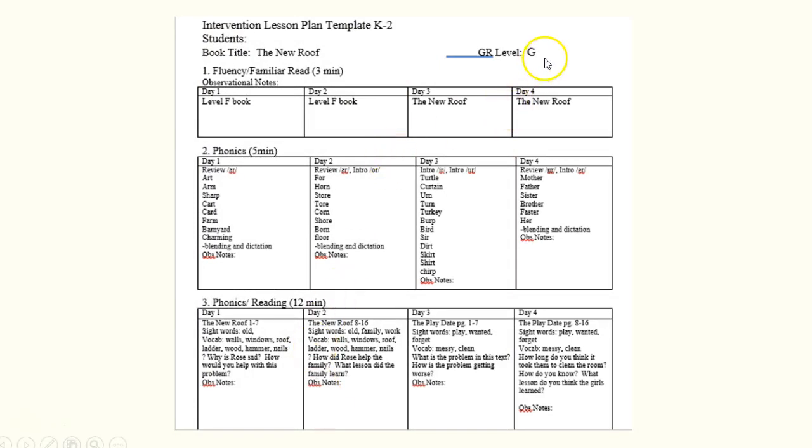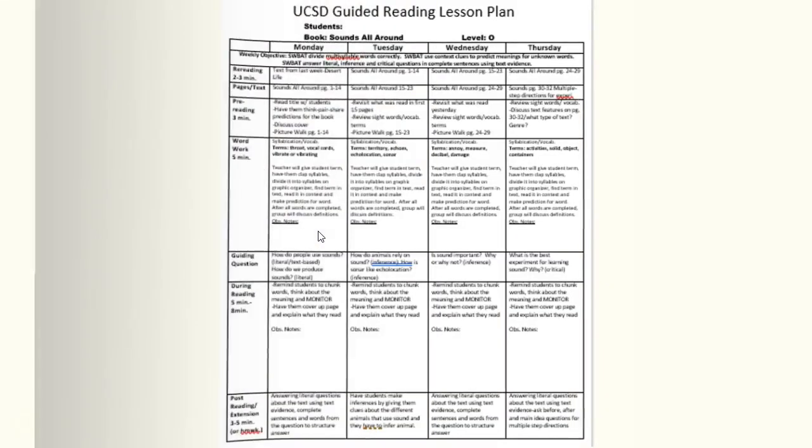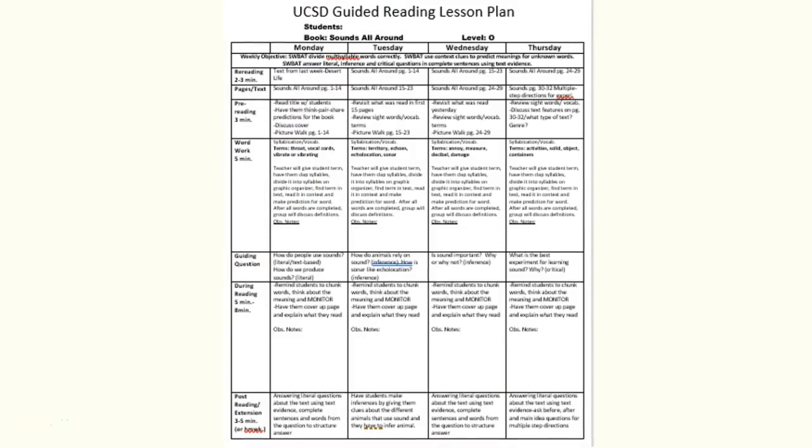This is level G. Just wanted to show you that my phonics focus changed to AR, R-controlled here, but similar formatting. And then this is a level O. What I liked about this is I was really clear about having objectives at the top. So these are the objectives for the week.